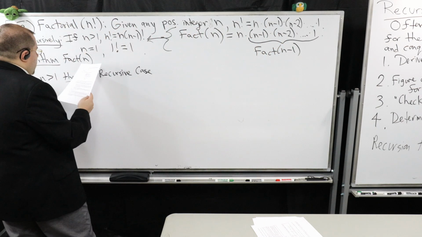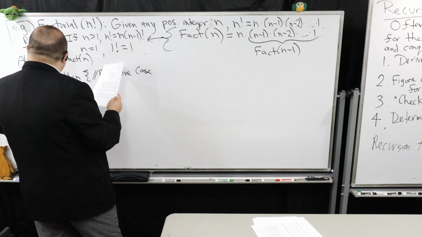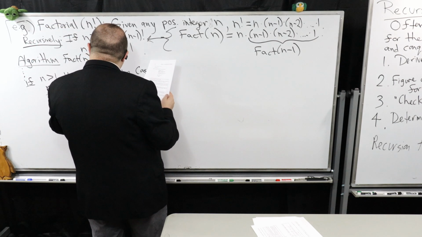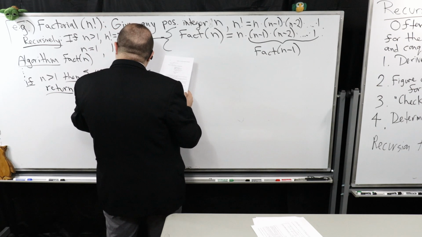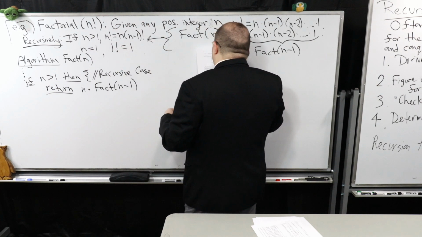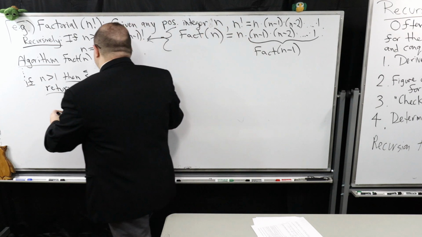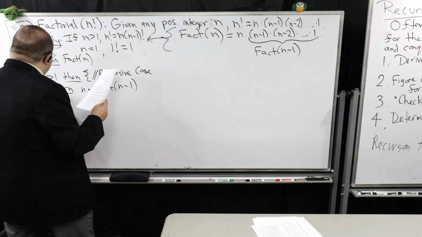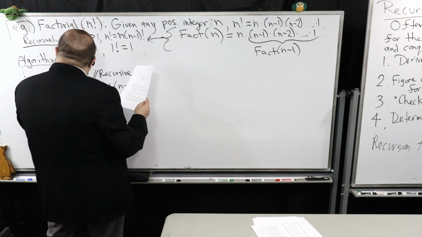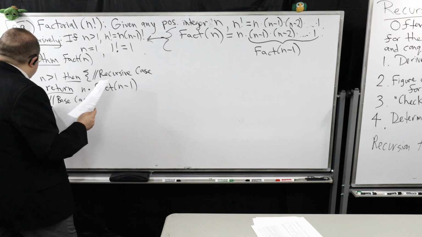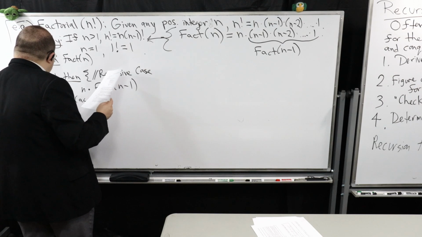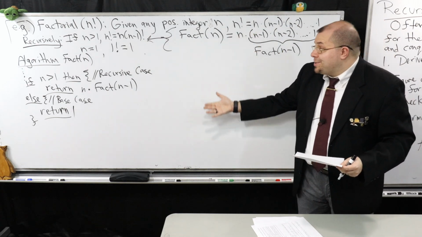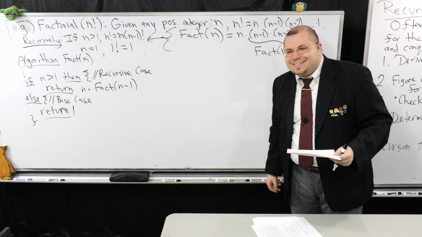So if n is greater than 1, then you're simply going to return n times fact of n minus 1, right? And else, otherwise, this is our base case, we simply return 1. So here's a recursive algorithm for factorial, right?